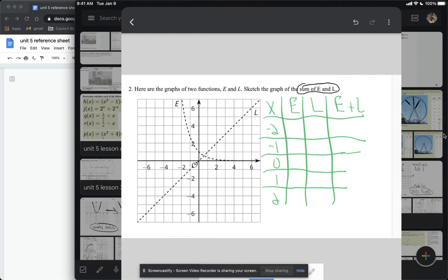We'll first look at the graph of e, which is this one right here. If I look at x equals -2, y is going to be at approximately 7. If I look at x equals -1, y is going to be at approximately 3.